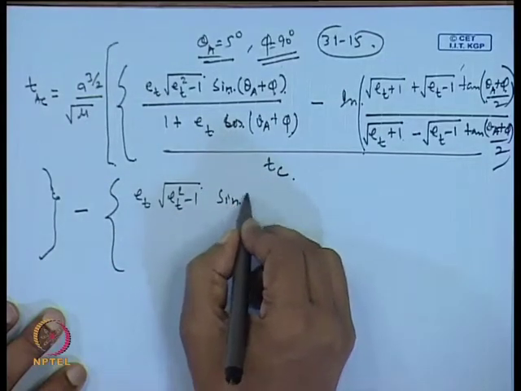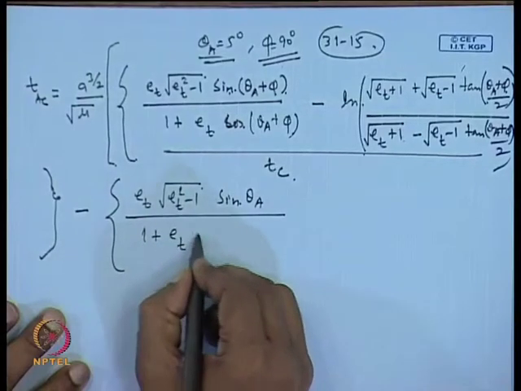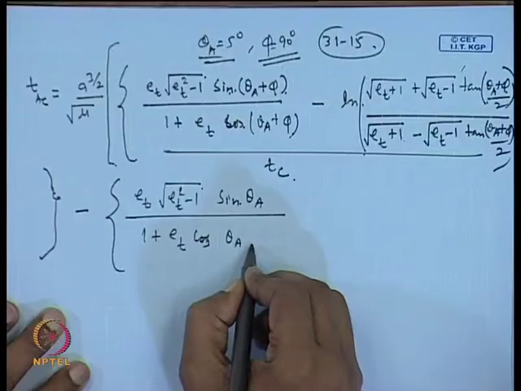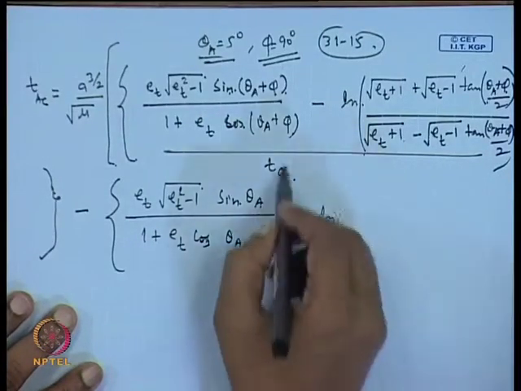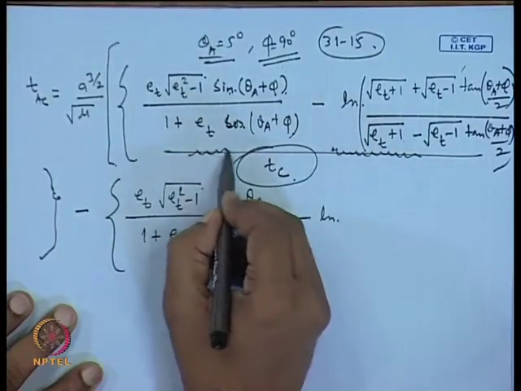In the same way we have to write here for T a. For T a only sin theta a will appear here in this place, E t cos theta a minus ln. Okay, this is not the dividing line.